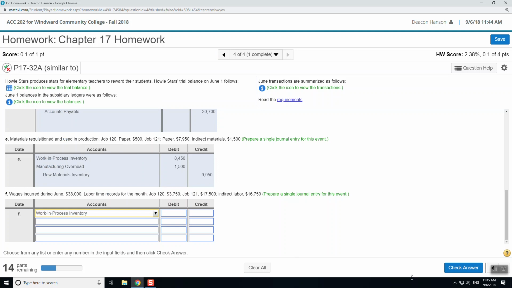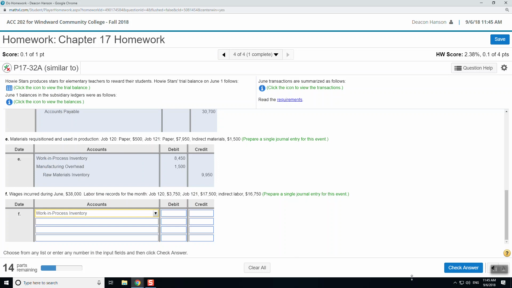So notice now the labor is actually becoming part of the inventory's cost. That's a great point to make right here. What are we doing? There's a word for that. We're capitalizing the labor costs. Whenever you capitalize something, that means that you're making it part of the cost of the asset. So labor is actually becoming part of the cost of our inventory.